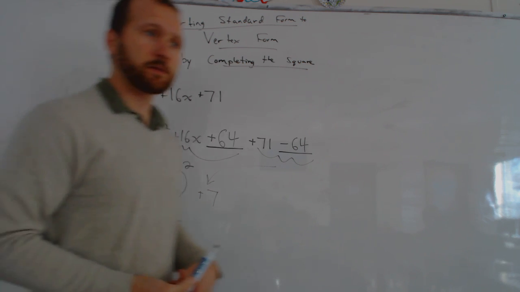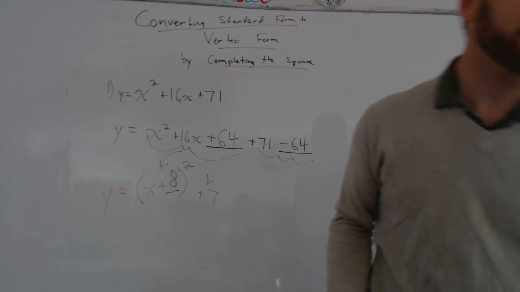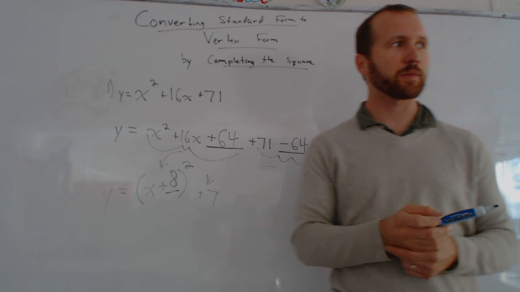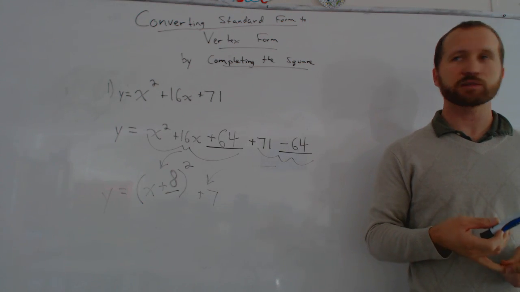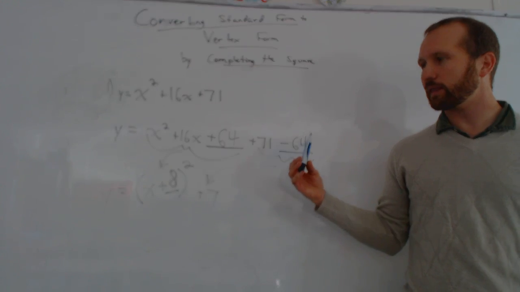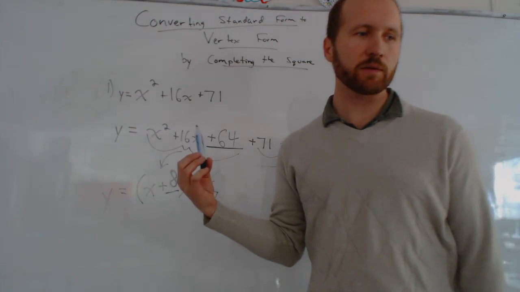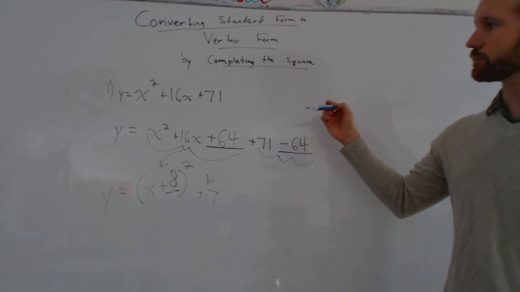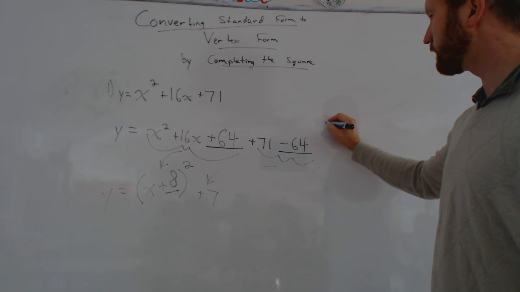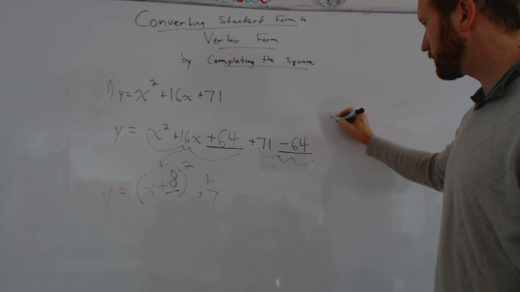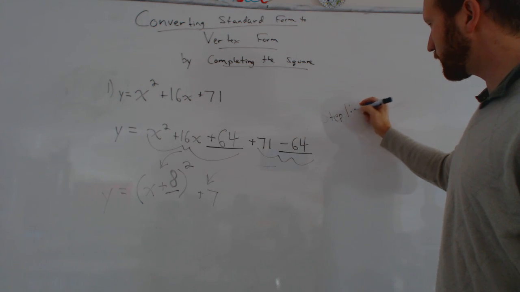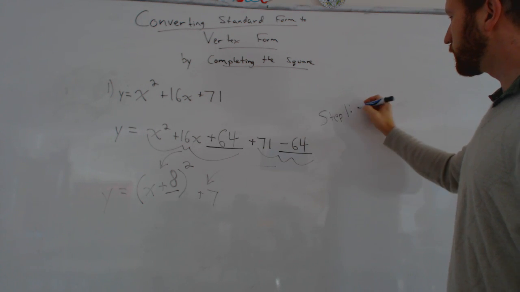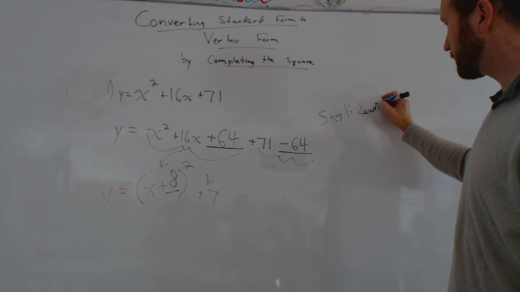Now, this was an easy one. That's the trick. We started with an easy one, but let's do one more easy one so that you can review that process. So remember, step one was just to rewrite the problem.